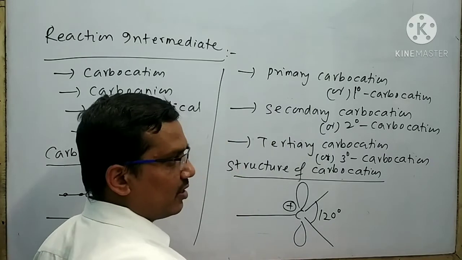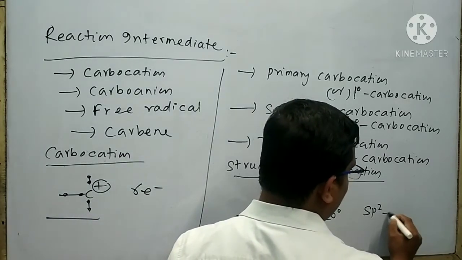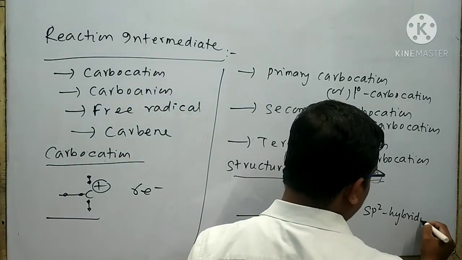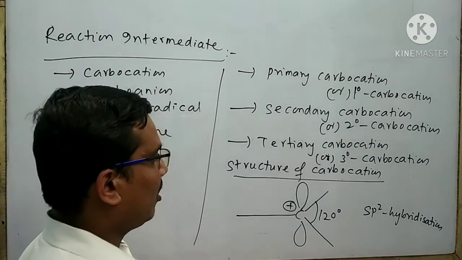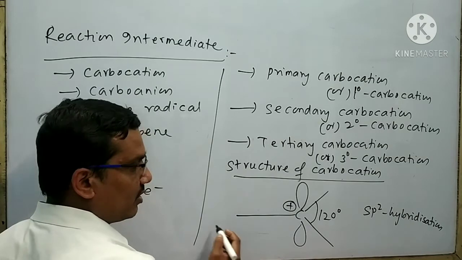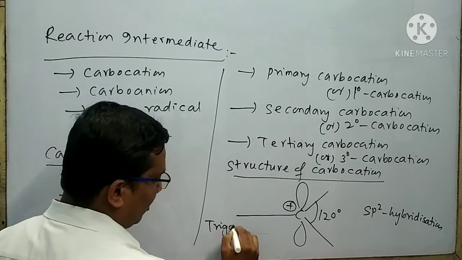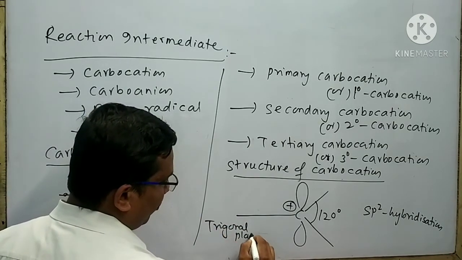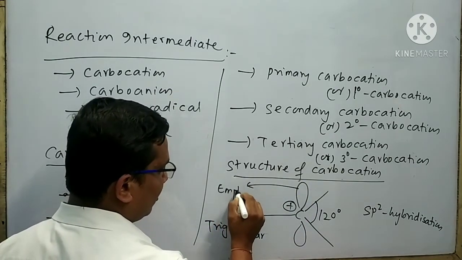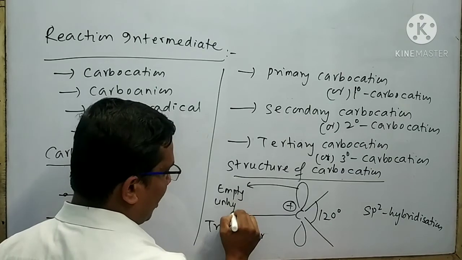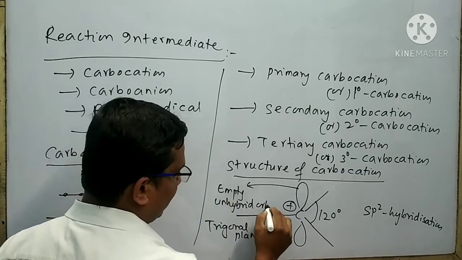The hybridization is sp2 hybridization. The structure of carbocation is trigonal planar. This is your empty unhybridized p orbital.